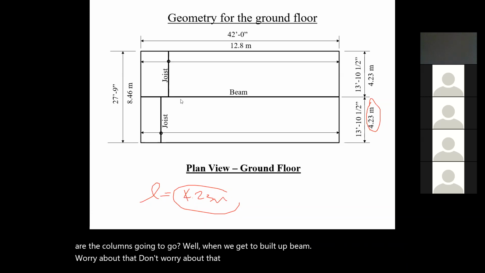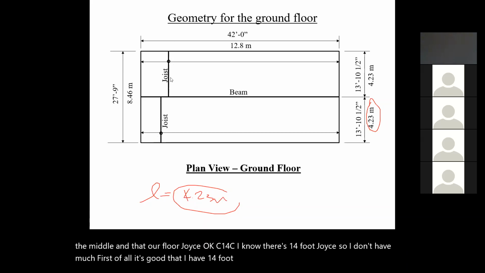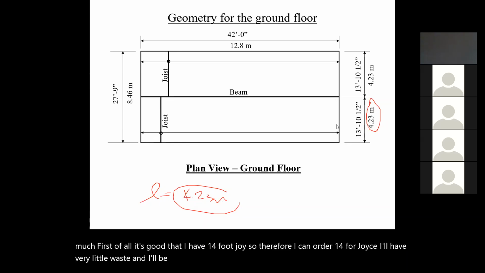But we know that we'll have a beam going down the middle and our floor joists. I know there's 14-foot joists. First of all, it's good that I have 14-foot joists, so I can order 14-foot joists, and I'll have very little waste, and I'll be able to span very nicely in this direction.